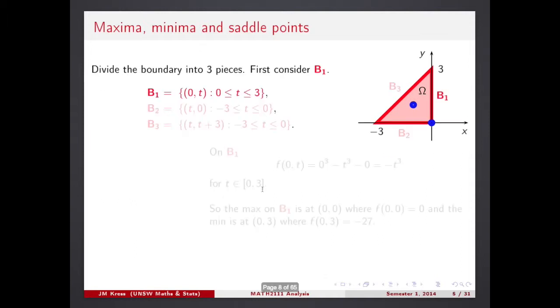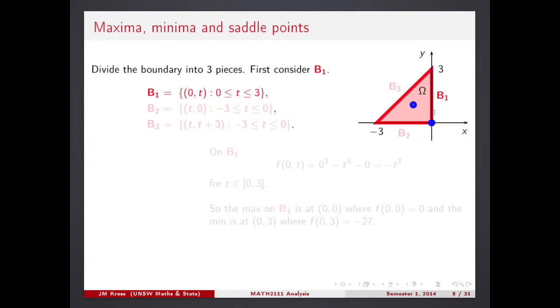Now for class 2, we need to do the analysis of the boundary. In this case, because the boundary consists of 3 straight line segments, my analysis will consist of 3 different sub-analyses. There's no other way to do it. First, you take the B1 boundary, that's this vertical line segment.